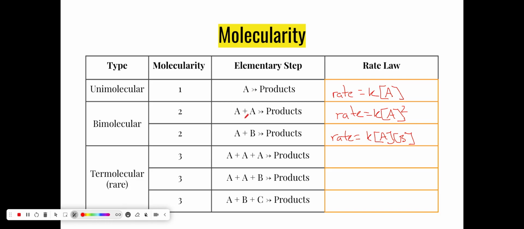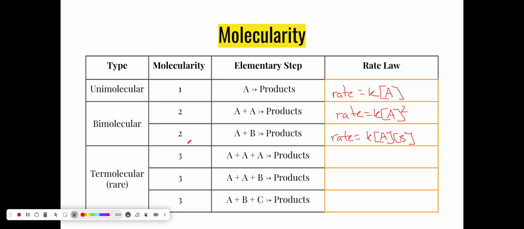You can have a unimolecular elementary step, or you can have a bimolecular elementary step. A unimolecular elementary step would have a molecularity of 1, and a bimolecular step would have a molecularity of 2. Very simple there.